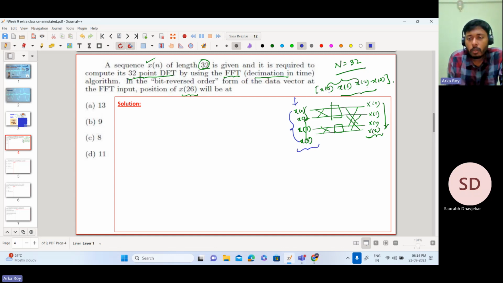We need a strategic idea by which I will be able to know where x1 will be positioned. We need to identify the position of each and every sample value, at which particular location we need to feed it into the DIT FFT algorithm.